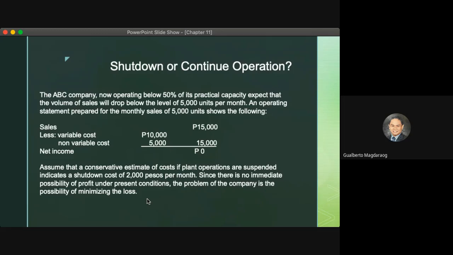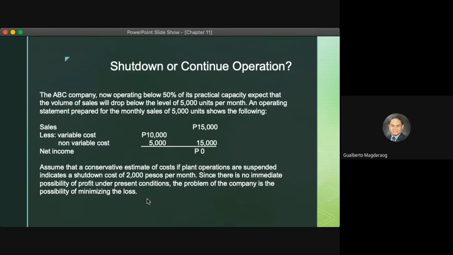Meaning, parang yung indifference point kanina, magsiset ka ng benchmark na hanggang doon yung level ng pwedeng ibaba o yung hangganan ng numbers of units na pwedeng mabenta para mag-go beyond that o mag-below that is shutdown ka na lang. Kasi mas malaki na yung loss mo doon.